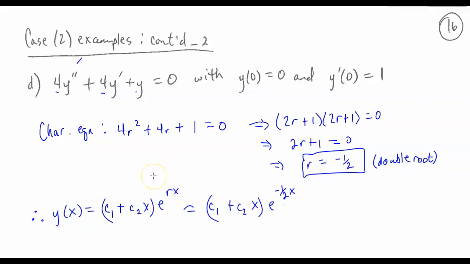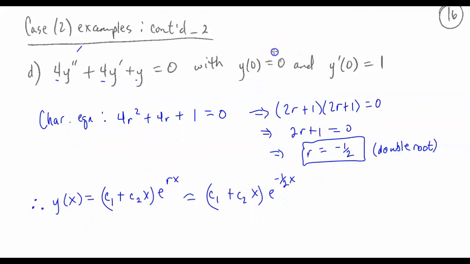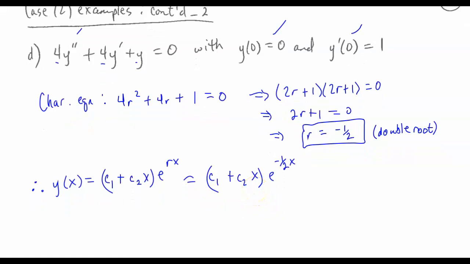So now that we have that general solution here, of course, we have our initial conditions. So that means we could find C1 and C2. This time I'm going to go ahead and elect to take the first derivative of this before we start using the initial conditions. So using it in this form here, the derivative of C1 plus C2x, because I'm going to use the product rule here, I'm going to do derivative of first.